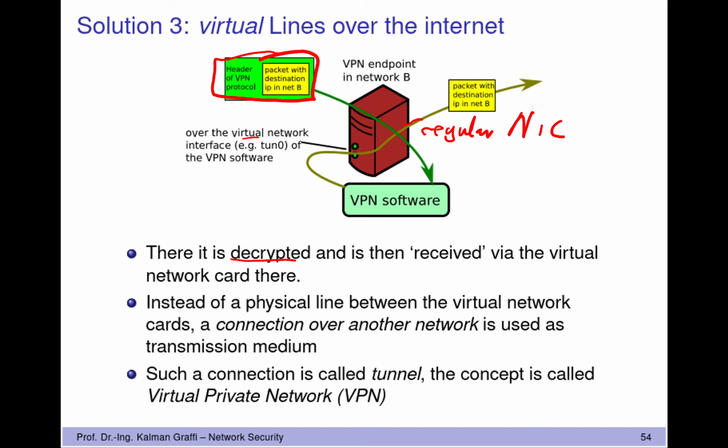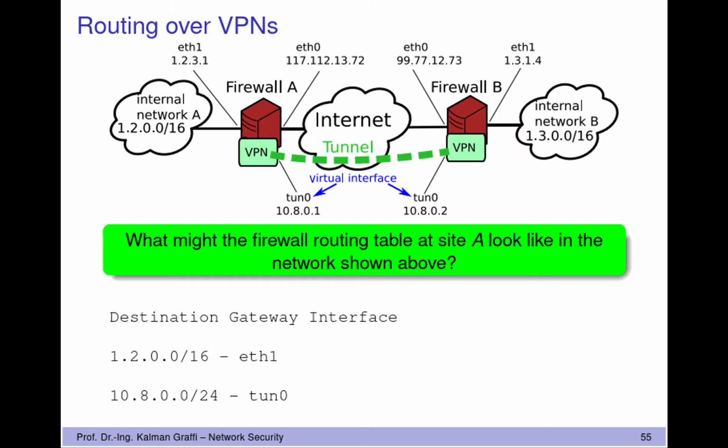So if we have a look at how it looks like, then we have two internal networks, let's say with these IP addresses, 1200, with a subnet mask of 16 bits, and 1300 with also subnet mask of 16 bits. There's an IP address of the firewall on this side and an external firewall IP address, and the same, we have a public IP address on firewall A, and in between we have lots of malicious internet activity.